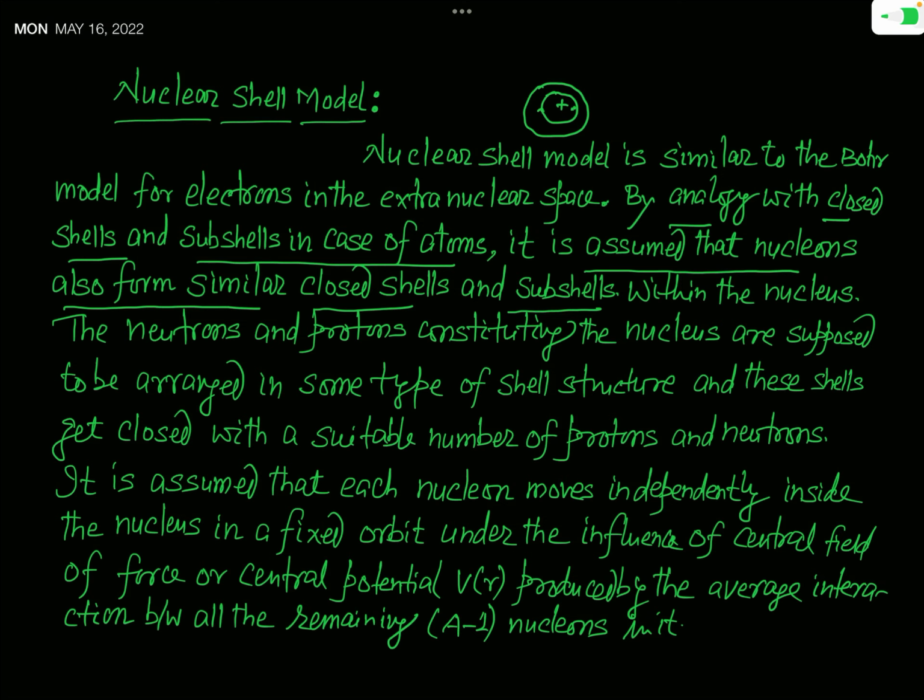In fact, the neutrons and the protons which constitute the nucleus are supposed to arrange in some type of shell structure, and these shells get closed with a suitable number of protons and neutrons, as the atomic shells are closed by a suitable number of electrons.